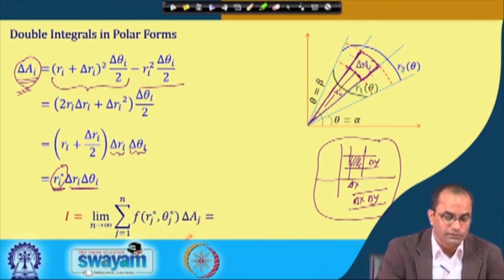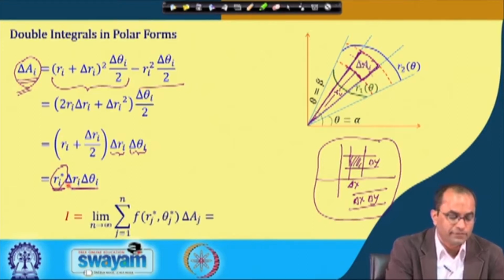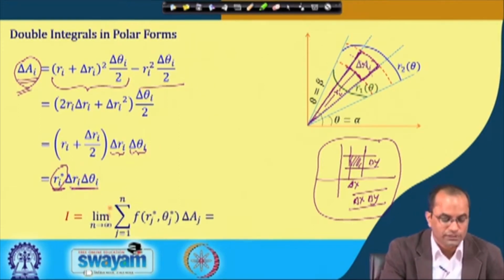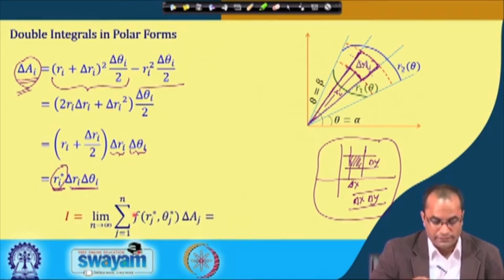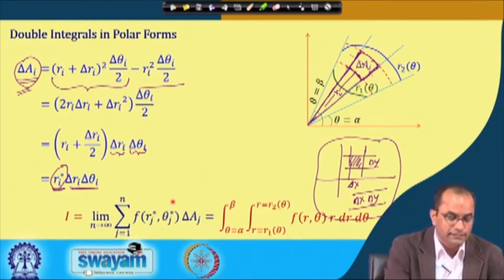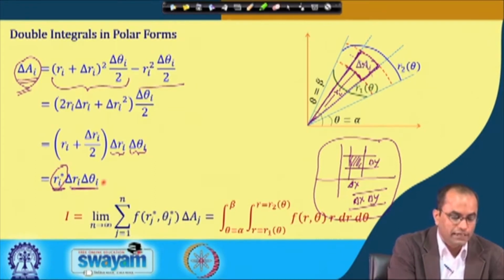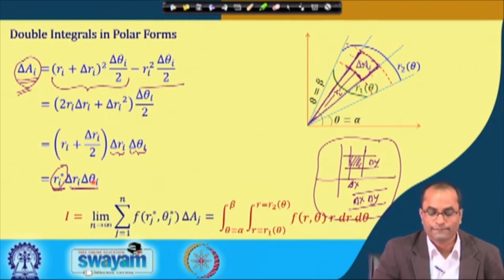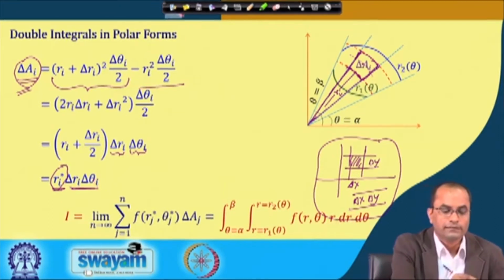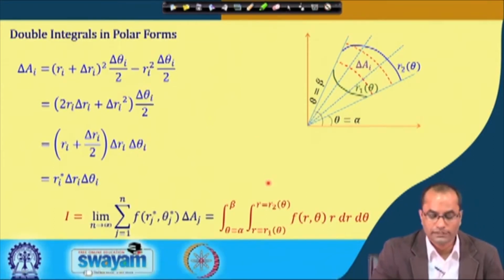But now this delta A_j is r_i times delta r_i delta theta. So, now this limit we will write in integral form: f(r, theta), and because of delta A_j, which has come as r times the product of delta r delta theta, this will be r times dr d theta.